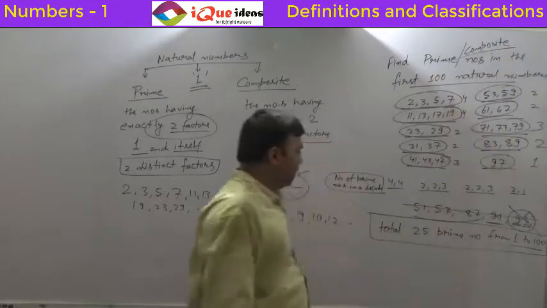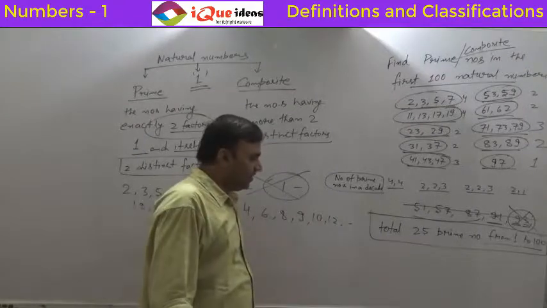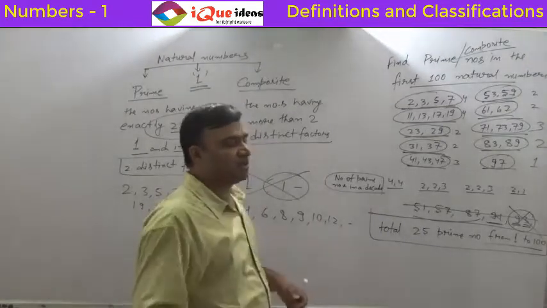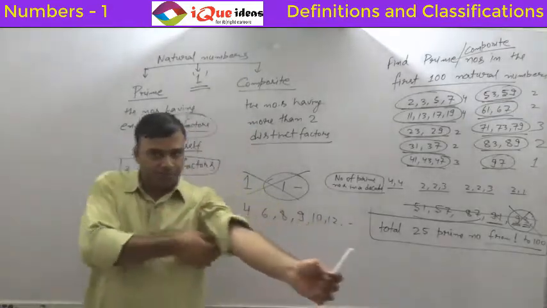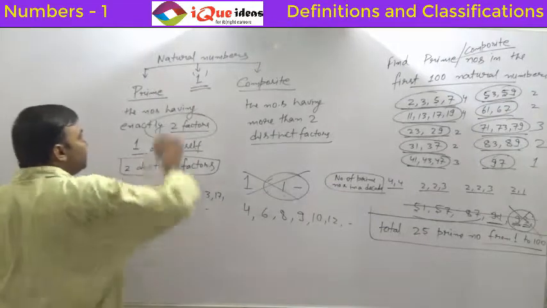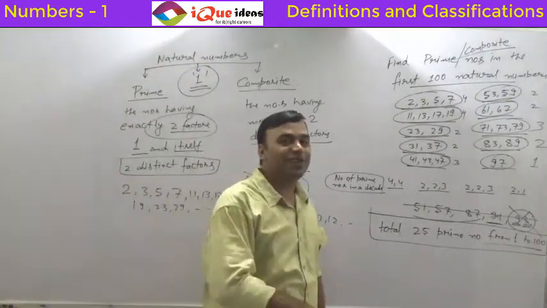Check karo. So I think 75, and I'm sure you are wrong. That it cannot be 75. Why? How many numbers are there from 1 to 100? 100. Out of them, 25 are prime numbers, and there is one number, 1, which is neither prime nor composite.